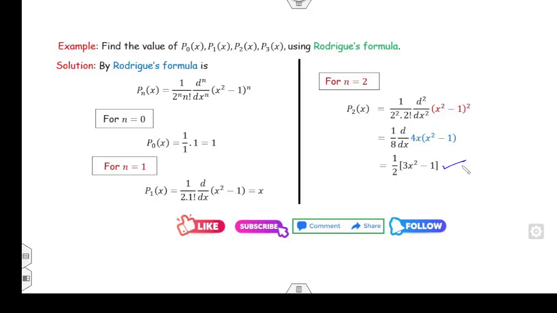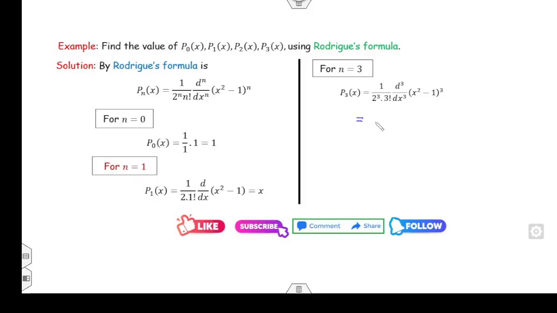Similarly, by taking n is equal to 3, you can find the third derivative. 1/8, 3 factorial is 6. सबसे पहले पहली बार derivative करो इसका, so that will be 3 into 2x into x square minus 1 square. Find 3 into 2, 6, that will be cancel out. 1/8. तो एक बार फिर से derivative कर देते हैं.